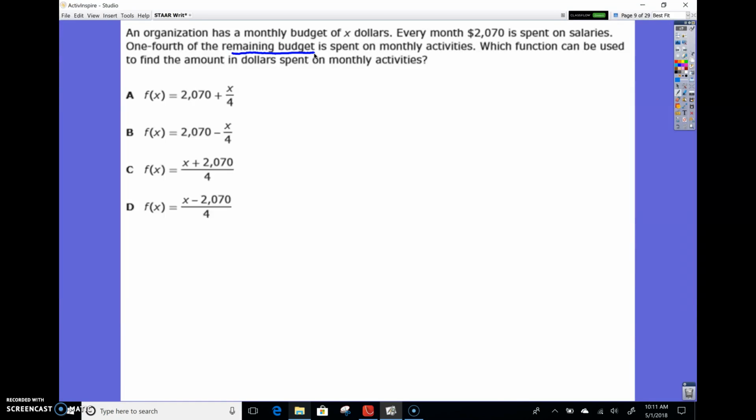Which function can be used to find the amount of dollars spent? So that means I spent 2,070, because you're adding more to your budget, but it's only 1/4 of it. That's where this comes in.